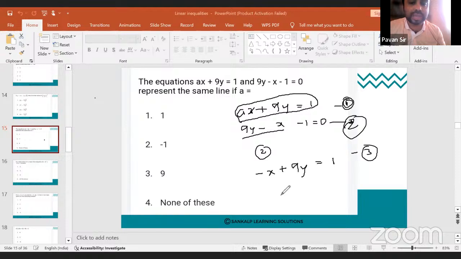So what does a represent here? It is nothing but minus 1. Why? Because minus x means minus 1 into x. So a represents minus 1. So option 2 is the correct one. Yes, absolutely. Option 2 is the correct answer.